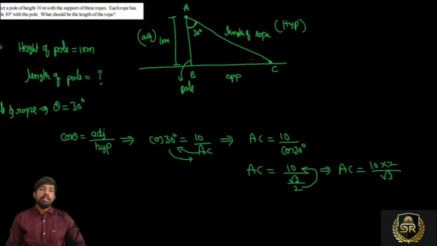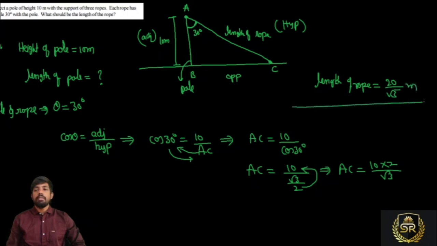Hence the length of the rope, sorry, is 20 by root 3 meters. That's all. This is the solution. Clear?